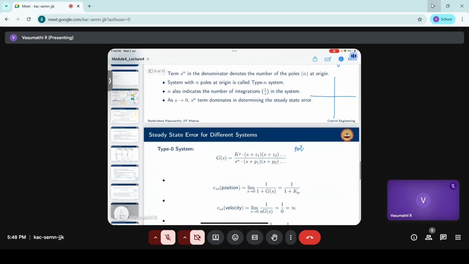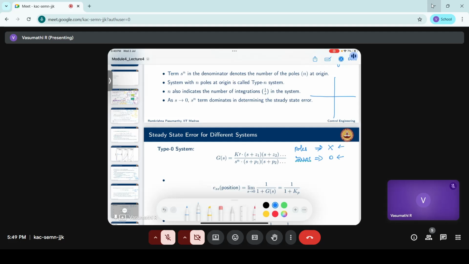Poles in general will be represented using this multiplication sign, and zeros will always be represented using the circle sign. So whenever we use this circle symbol, it means that it is a zero. Whenever we are using this x symbol, it means that we are referring to the poles.